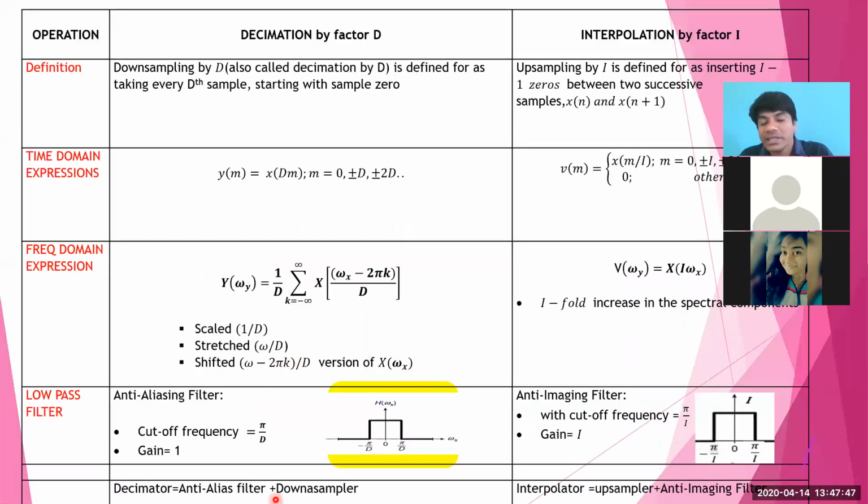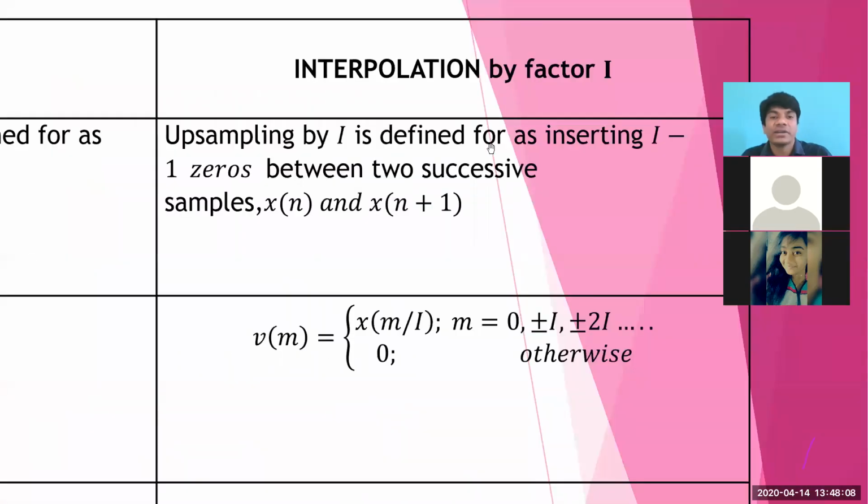And there is a slight difference between a decimator and a downsampler. A decimator is basically an anti-aliasing filter followed by a downsampler, and the same thing can be applied to an interpolator.